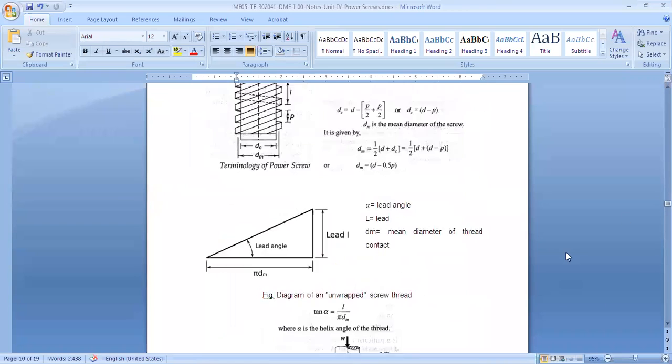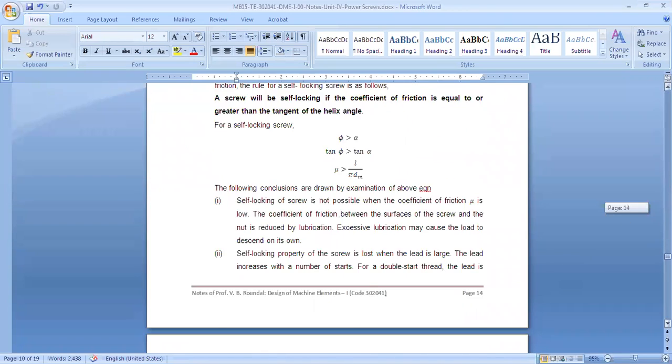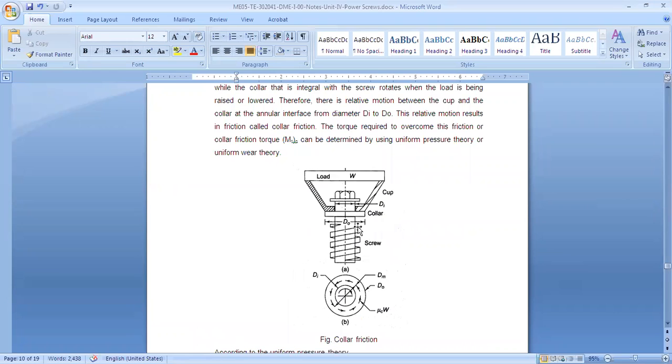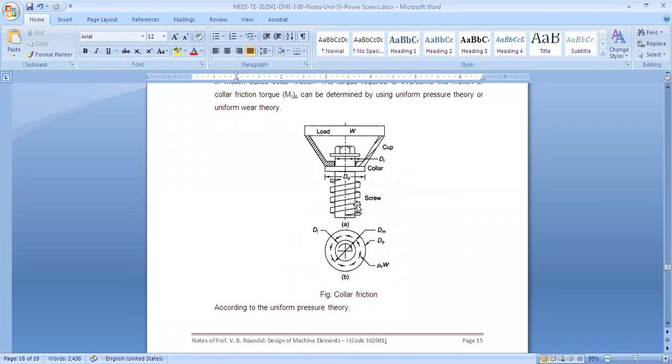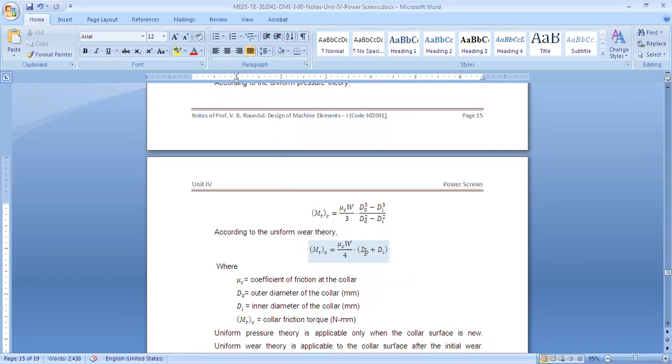This is for the square threads, but the same concept we can apply here. If you see the collar, di plus dO by 2 is the mean diameter of the collar. Similarly, to find out the mean diameter, the inside diameter of the collar plus outside diameter of the collar by 2 will be your mean diameter dm.